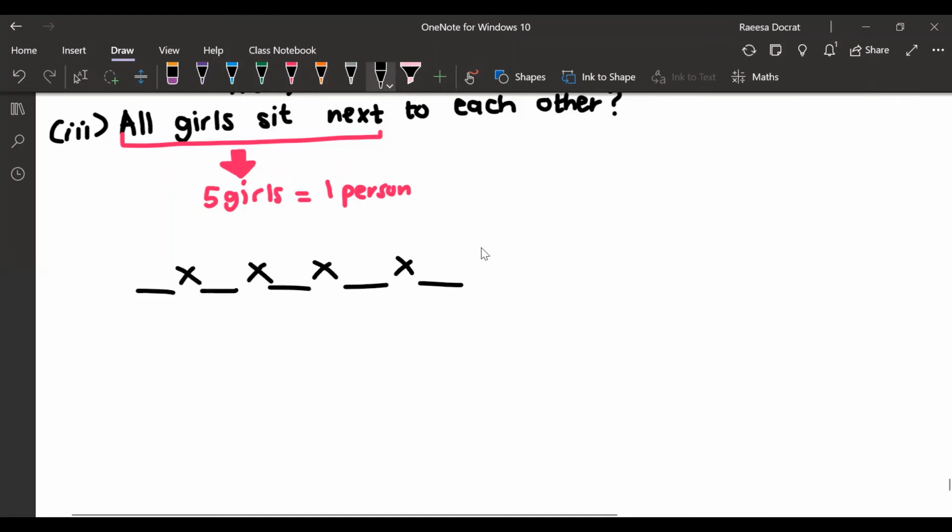Okay, so the first thing is we're going to say that these 5 girls have been treated as any person, and you can place them anywhere here, and then they're all sitting together. So how many ways is there to organize these 5 people, which is the 5 girls as one plus the 4 boys?